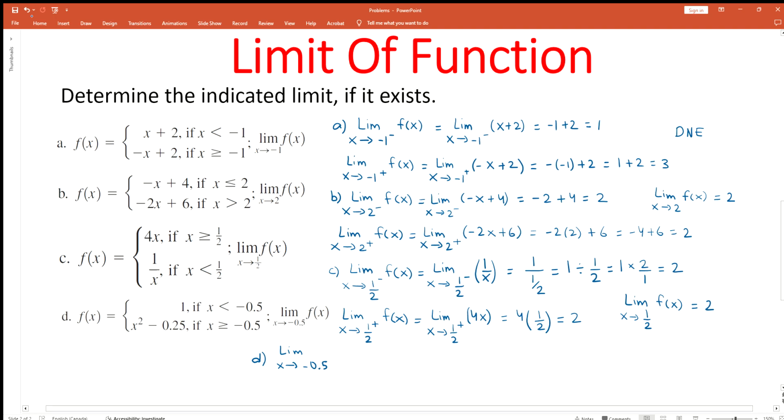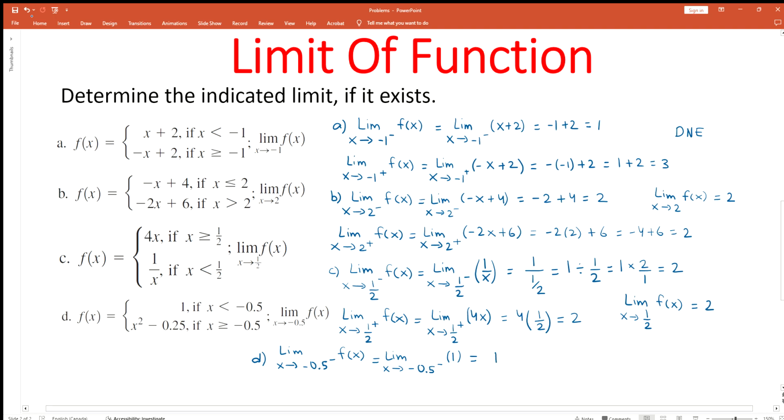We should put a small negative sign on negative 0.5. For left-hand limit, we should use the function 1 because for this function x is less than negative 0.5. Since there is no x term in this function, the value of the left-hand limit is equal to 1.